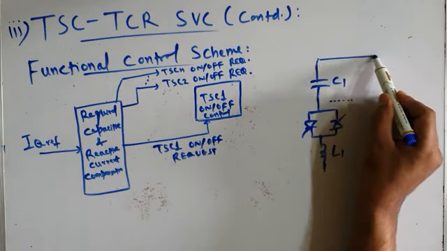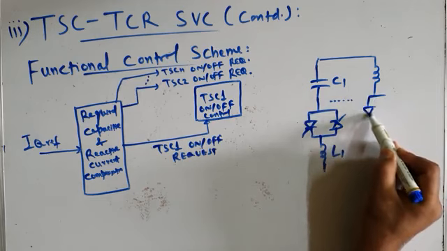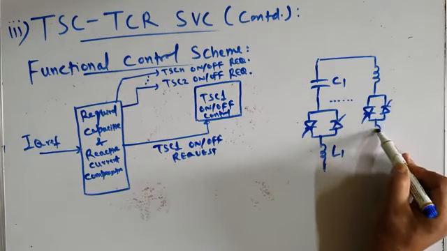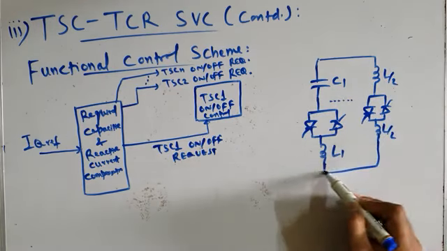There may be many other TSC branches. I am not showing them, and I am showing a segmented TCR. One TCR. This is L by 2, L by 2. That's it.